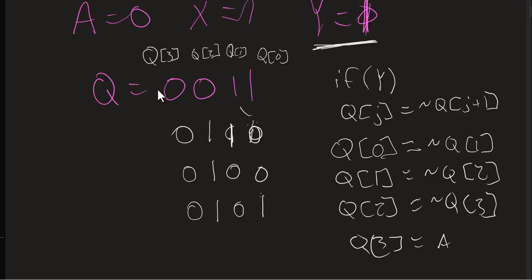Q0 is going to be the not of Q1, so the not of 1 is 0. Q1 is going to be the not of Q2, and Q2 is going to be the not of Q3. So then on the next one, Q0 is going to be the not of Q1, Q1 is going to be the not of Q2, and Q2 will be the not of Q3. Okay. And then the last one, following suit with that, same thing. Okay.